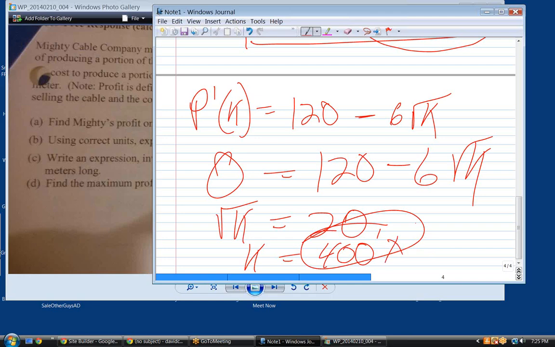So we still have to multiply this by $120 per meter that they get. So it's going to be $50,000 is the answer. No, 48,000. Yeah. Yep, I just did it. Okay.